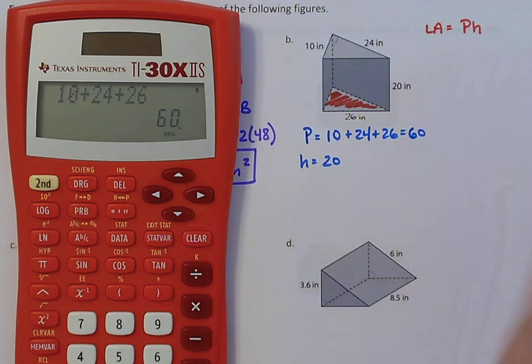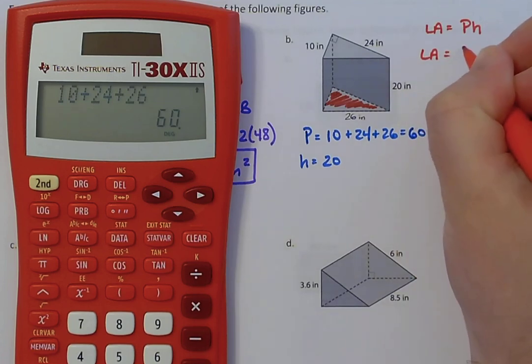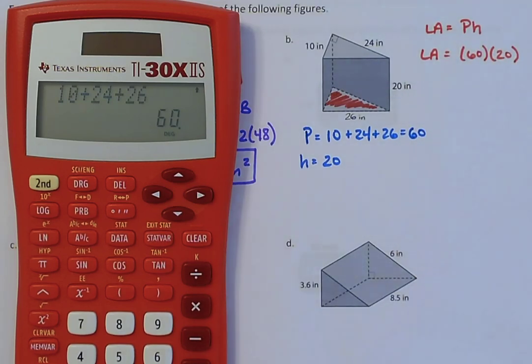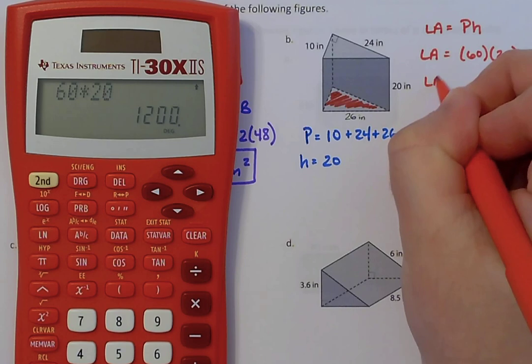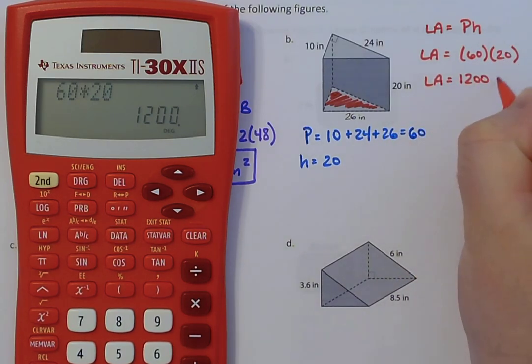So to figure out lateral area, we're going to do p times h. So that means we're going to have 60 times 20. So if we do 60 times 20, our lateral area is 1,200, 1,200 inches squared.